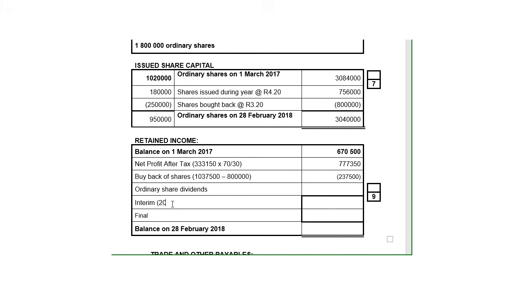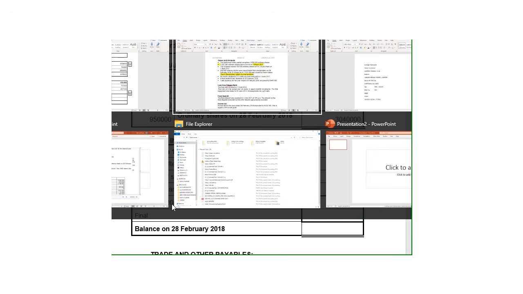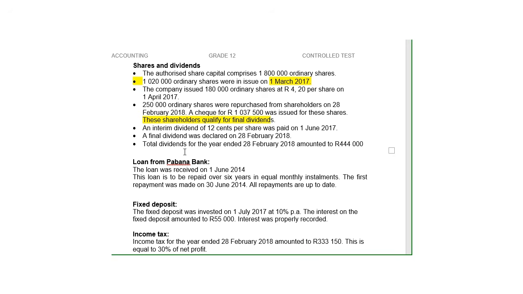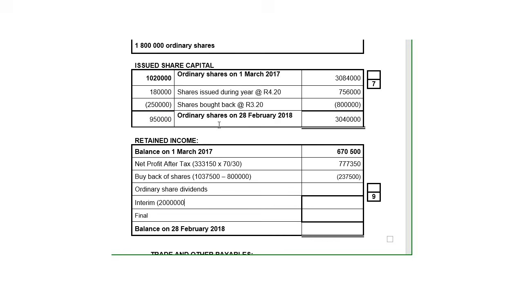So 2 million shares will get the interim dividend, at 12 cents per share. So it's simply 2 million times 12 over 100, which is 144,000.